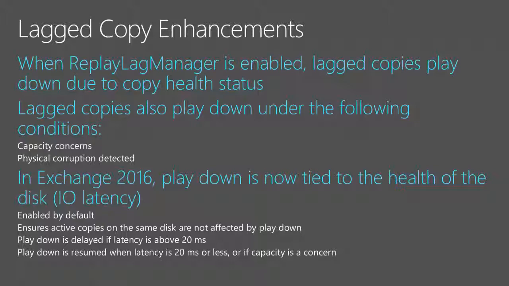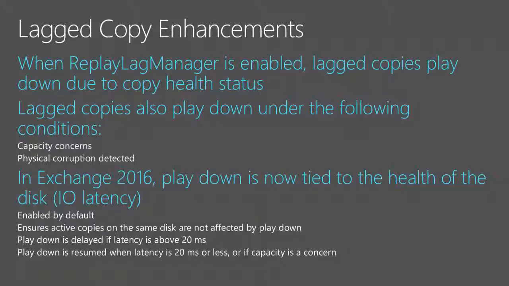One of the things that we changed in 2016 is we noticed that in 2013, for customers who deployed our preferred architecture that had multiple databases per volume configured, when we were doing this dynamic log replay of the lag copy, it was affecting the user activity for the active copy that was also in that volume. So we made a change. We introduced some new I/O monitors inside of 2016, and now they monitor disk latency.